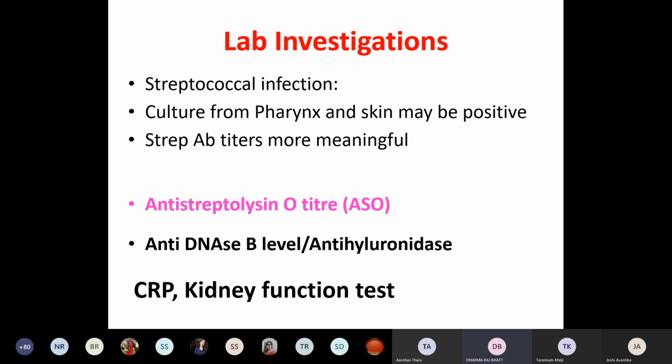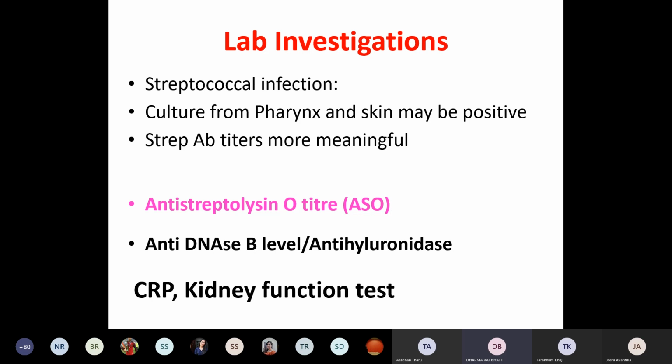Here you can again see the list of serological markers useful for detection of past, previous streptococcal infection. These include the same hemolysin, in the form of anti-streptolysin O or ASO. How much is the significant titer of ASO?